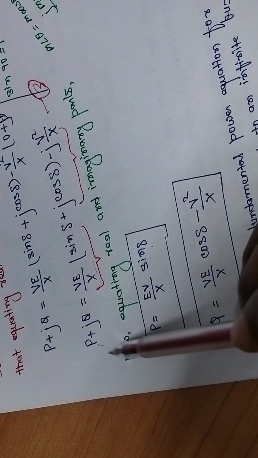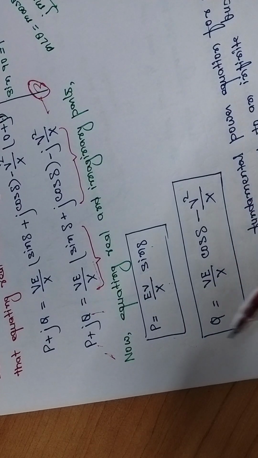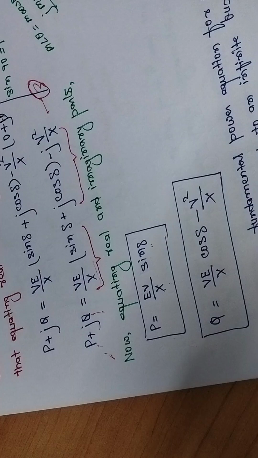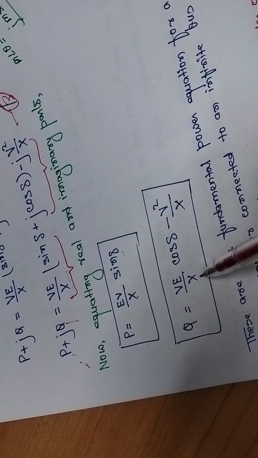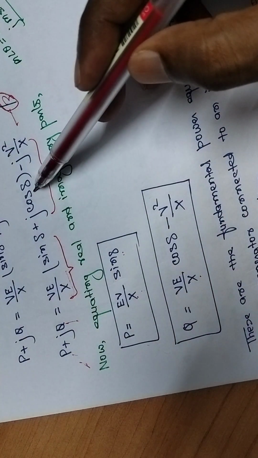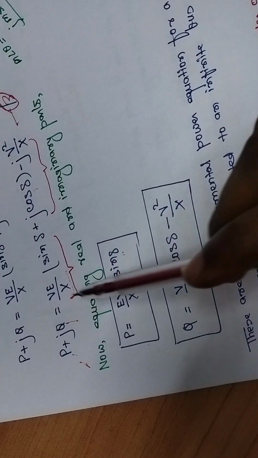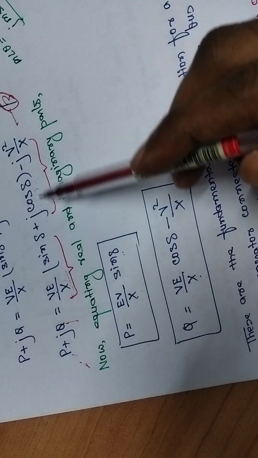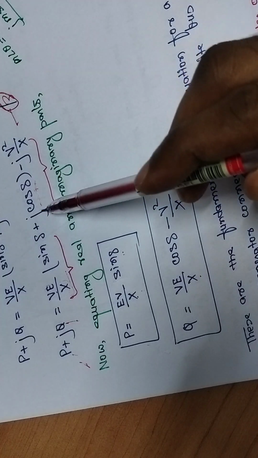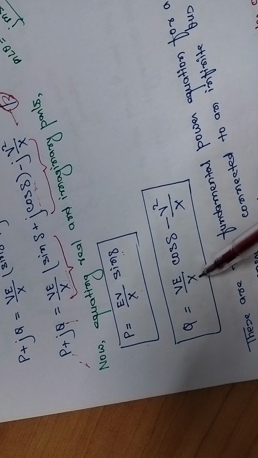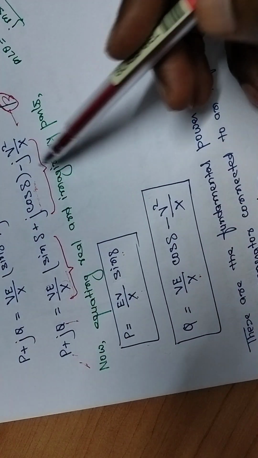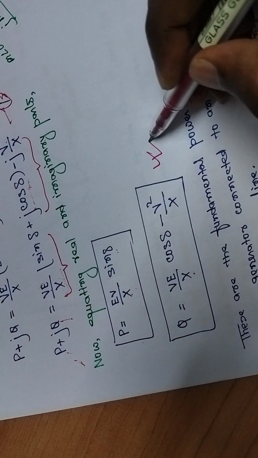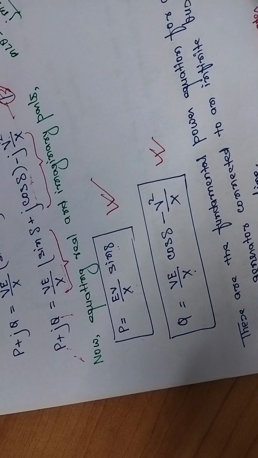P is the real part and Q is the imaginary part. So P is equal to EV by X sine of delta and Q is equal to EV by X cos of delta minus V square by X, if we multiply into the bracket. So these are the two equations we got here.